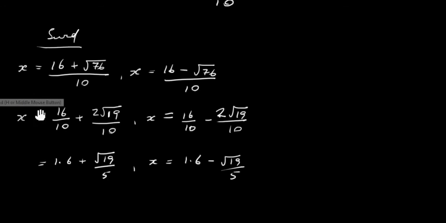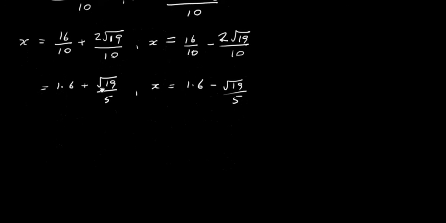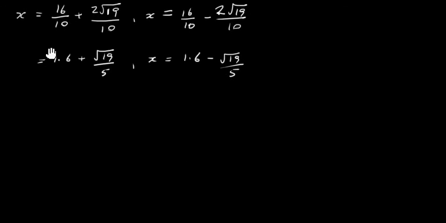Now you might be asked to do these to maybe 1 decimal place or 2 decimal places. Well, if you work all of this out on your calculator, on this side you'll get 2.4717, which goes on for a while, and here you'll get x is equal to 0.72822 and so on.